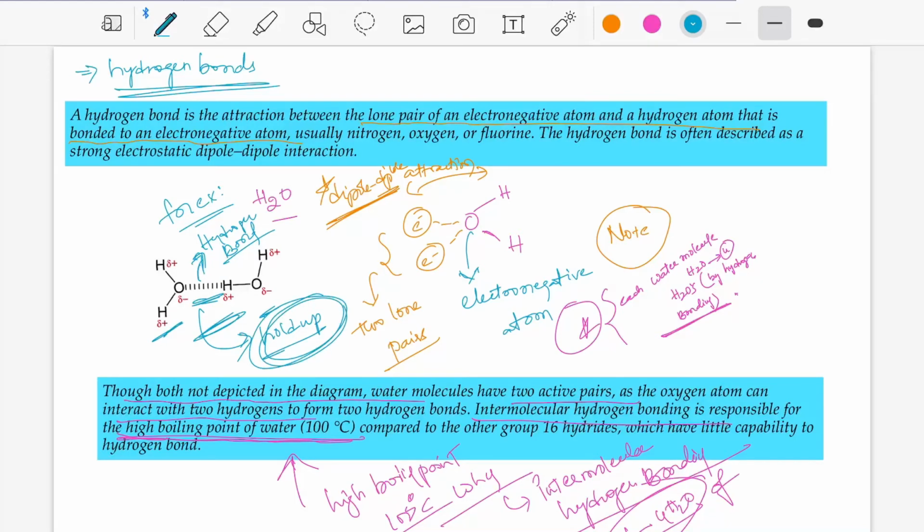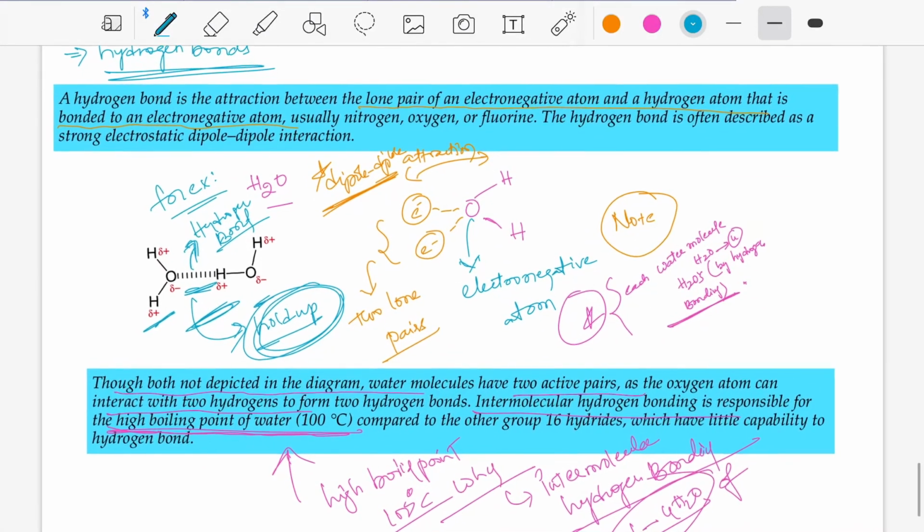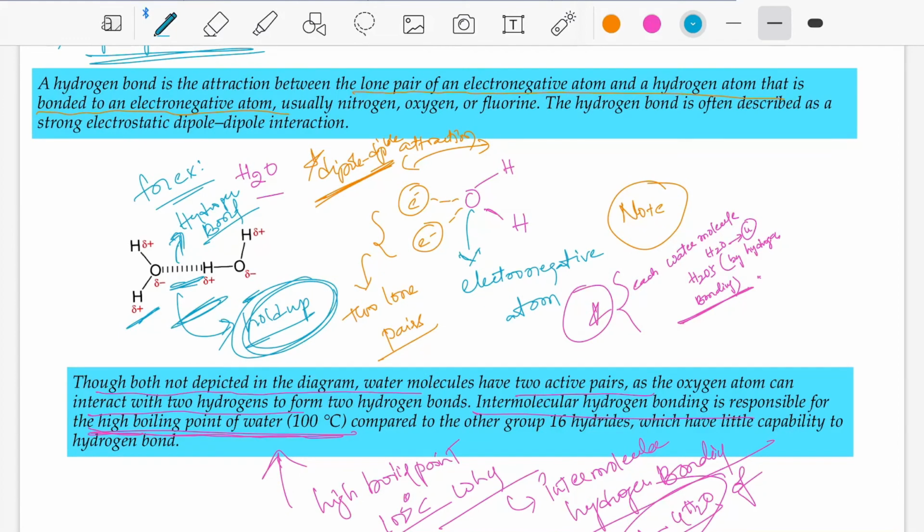When we take a glass of water, a lot of water molecules are there. Each water molecule can hold up to 4 H2Os by hydrogen bonding.